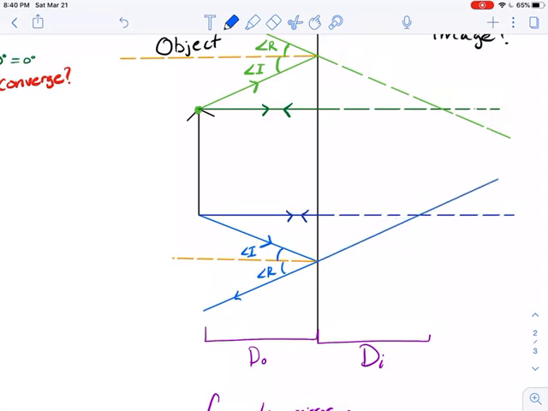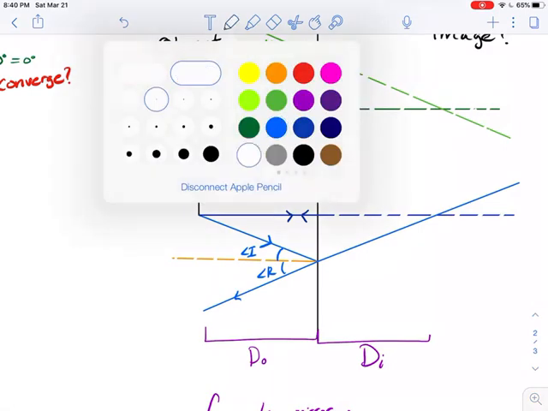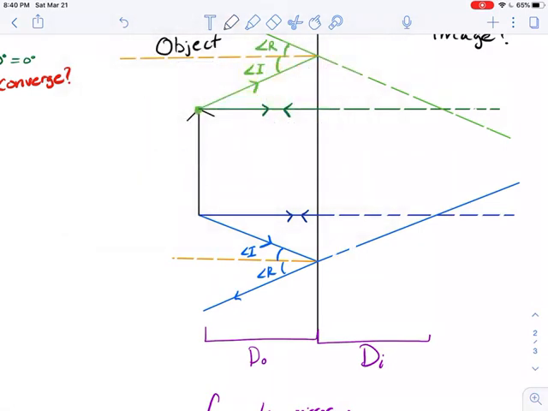And once we figure out where those two light rays converge, that convergence point is going to be where the bottom of the actual object is going to be. And so if I think about the bottom of the object being where those blue light rays meet and the top of the object being where the green rays meet, I think we're going to figure out where our entire object should be back behind that mirror in terms of its image formation.